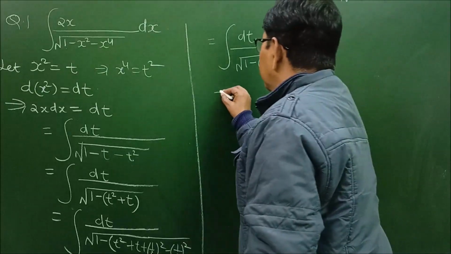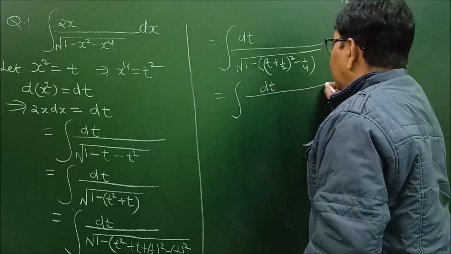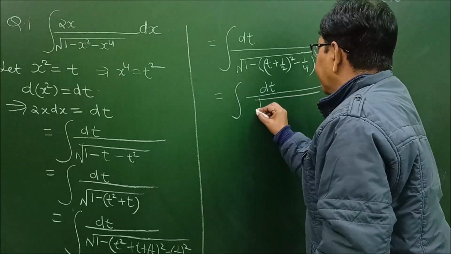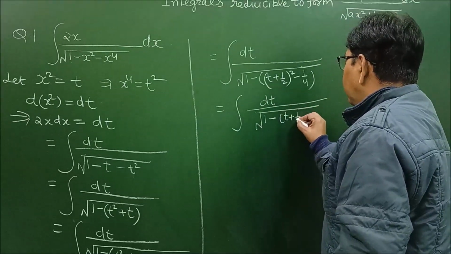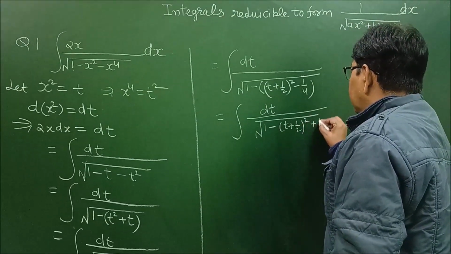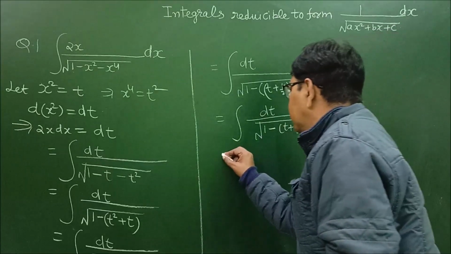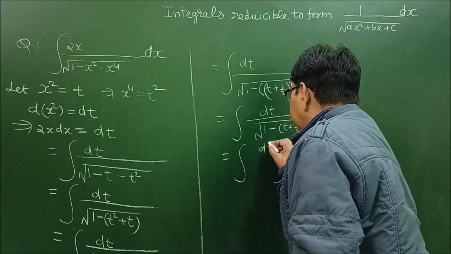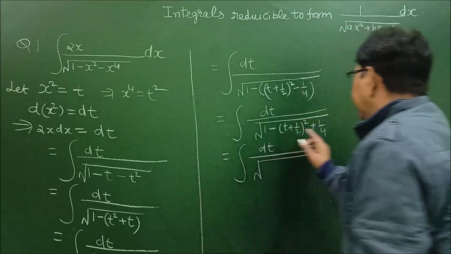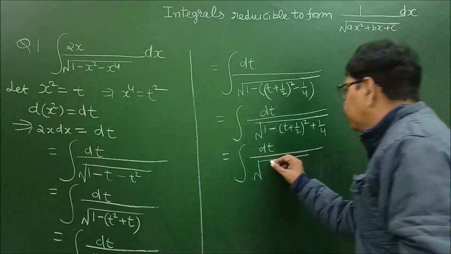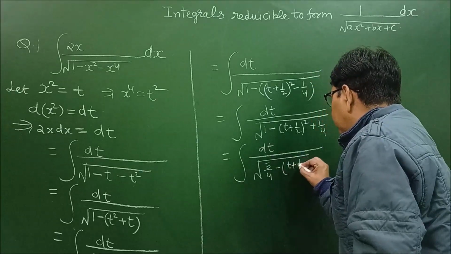Opening this bracket, this is equal to the integral of dt upon under root of 1 minus (t plus 1 by 2) whole square plus 1 by 4, which is equal to the integral of dt upon under root of 1 plus 1 by 4, which is 5 upon 4, minus (t plus 1 by 2) square.